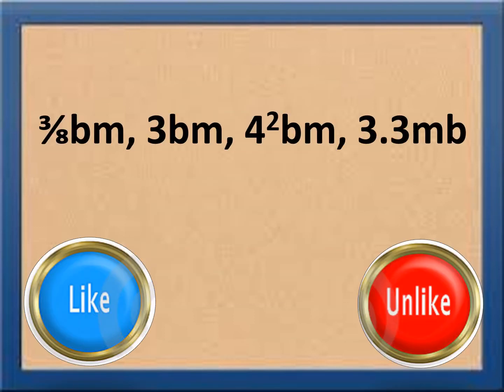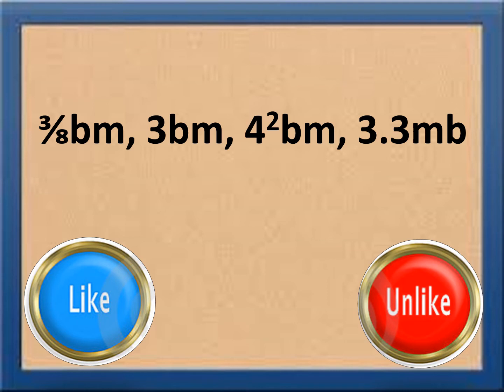Next, how about this? 3/8 bm, 3 bm, 4 squared bm, and 3.3 mb. Do you think this is like or unlike? So these are like terms. So what's the reason? Though we have mb there and the others are bm, they have the same variable, but the order is not the same.